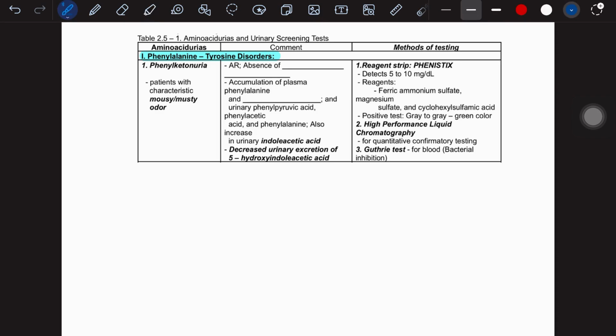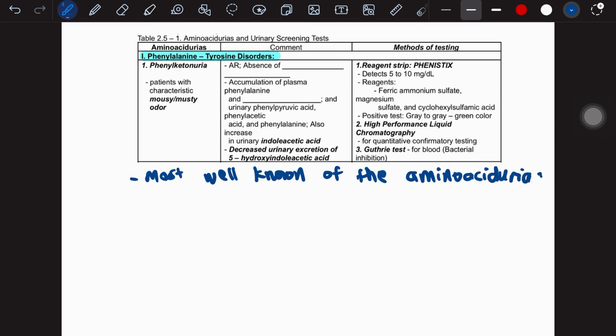This is the most well-known of the aminoacidurias. It was first identified by Folling in 1934, when a mother with other mentally retarded children reported a peculiar odor in her child's urine. What is that odor? That is a mousy or musty odor. This is one way to recognize that a child has phenylketonuria.